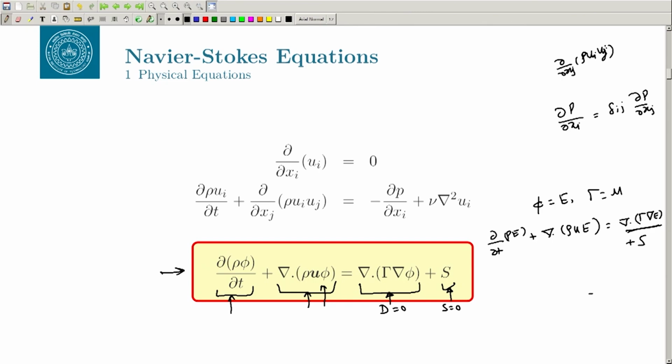Now, let us look at very simple equations, okay, and then we will basically combine all these simple equations that you already know to see how they can be represented in this form, okay.